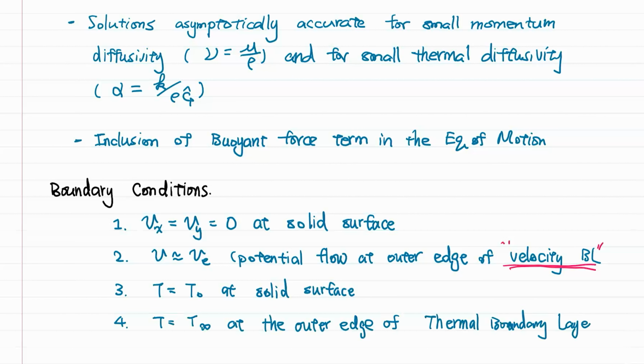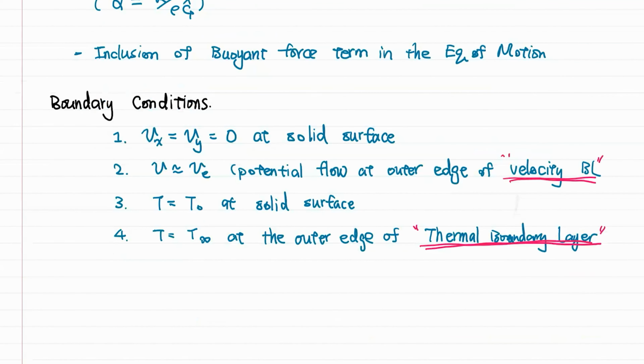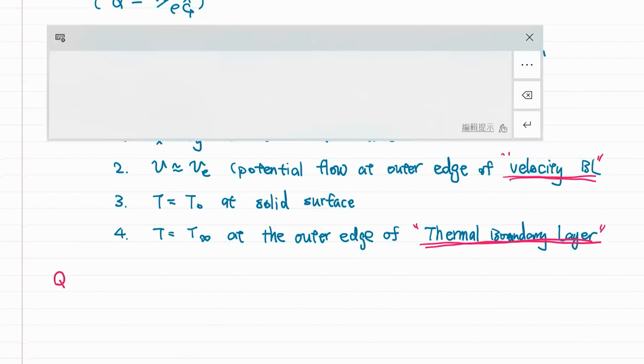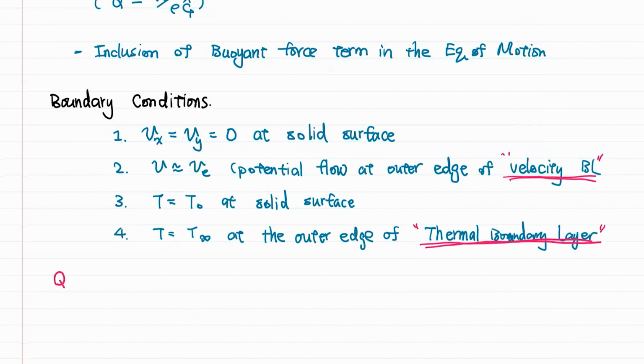Okay, so you see that we have two terms for boundary layer. Now we have a velocity boundary layer and a thermal boundary layer, and these two are not necessarily the same. So the question we want to ask here naturally would be, do these two boundary layers share the same thickness?